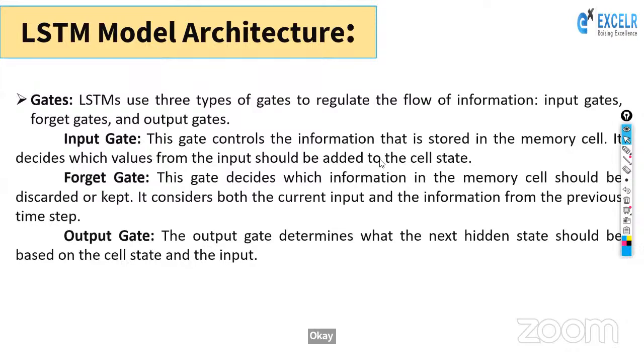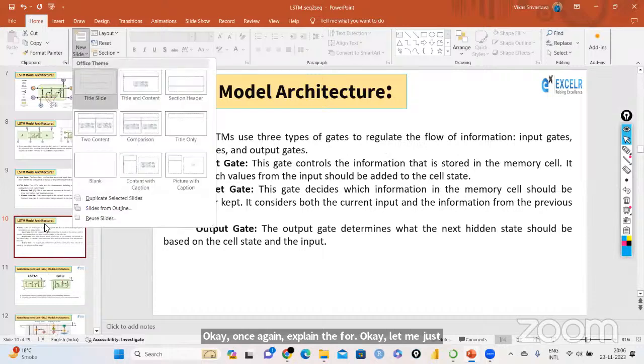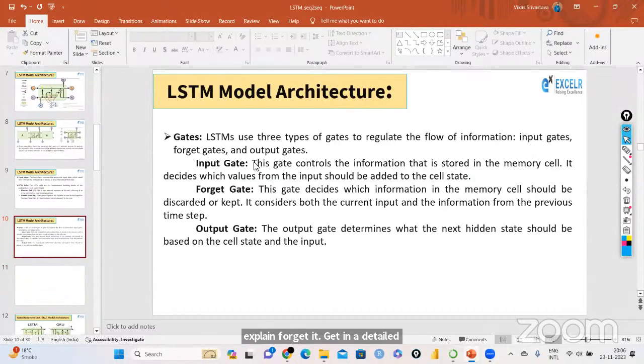Okay, once again, explain the forget gate. Let me explain the forget gate in a detailed manner. What I'm going to explain, guys, is how the forget gate will discard the previous input or keep the previous information.